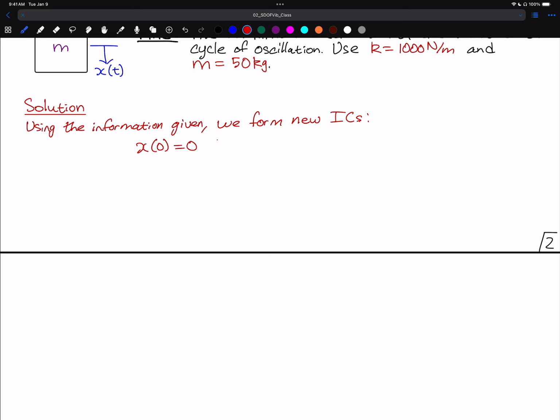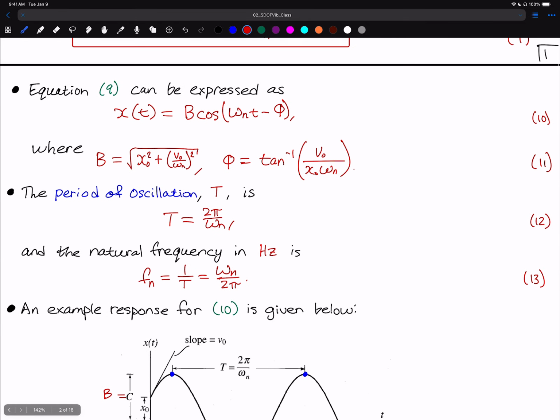That's in equilibrium. And x dot of 0 is equal to 2 meters per second. This tells us what our x0 is. This tells us what our v0 is. And given that x0 is equal to 0 here, it's more convenient for us to use equation 9 rather than equation 10.